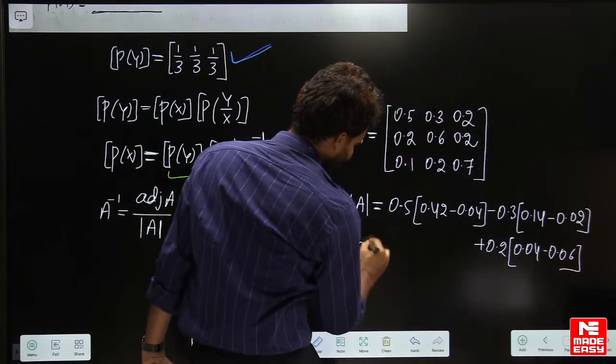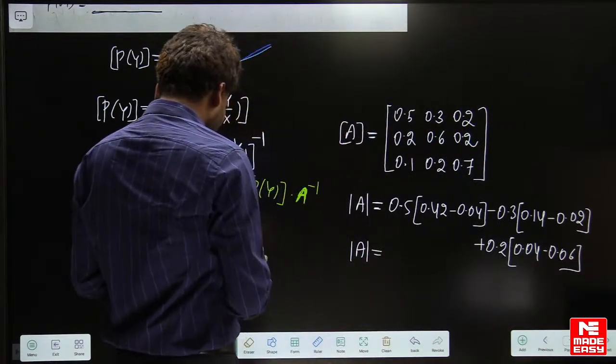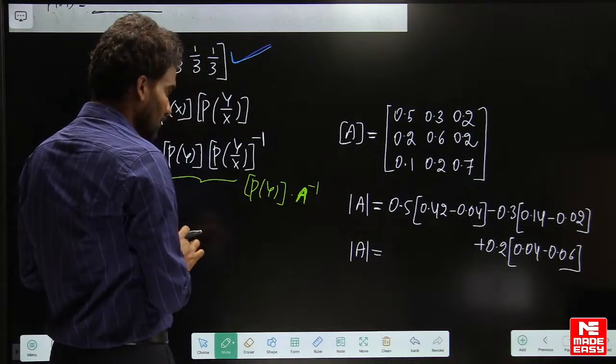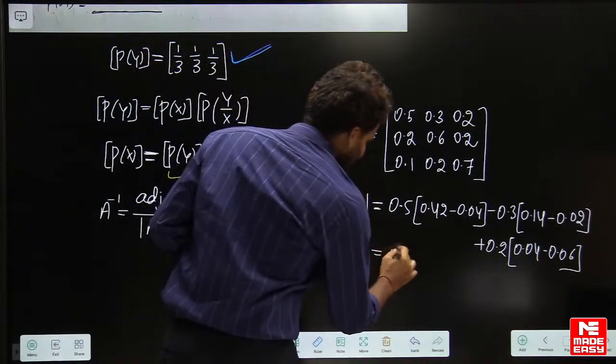What is the determinant of A? You will get 0.15.